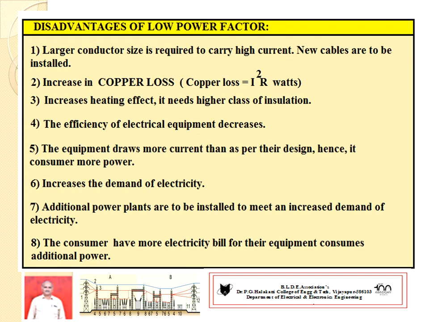Increase in copper loss will result in increase in heating effect. Increase in heating effect will need better class of insulation. Increase in copper loss will cause decrease in efficiency of equipment.